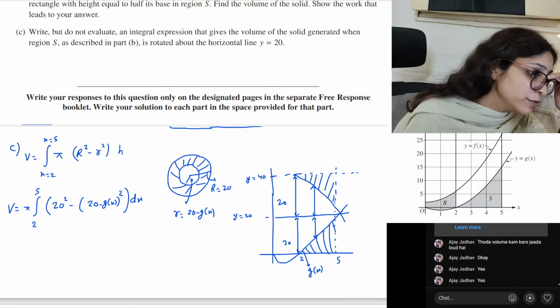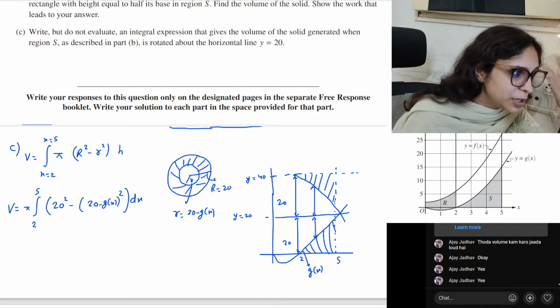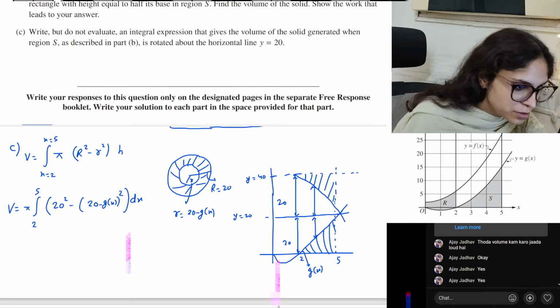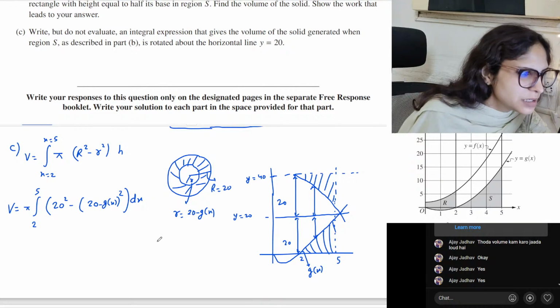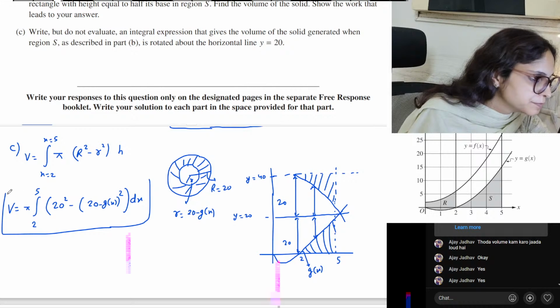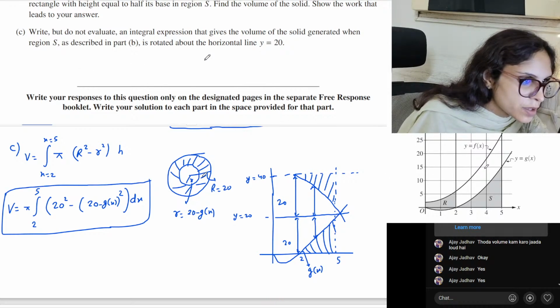So it's very important to visualize over here. And you don't need to evaluate it, you just need to write the integral expression. So this is your integral expression. If you want, you can simplify it a little bit, but no need. Because it is going to be like this, and this thing is dx.